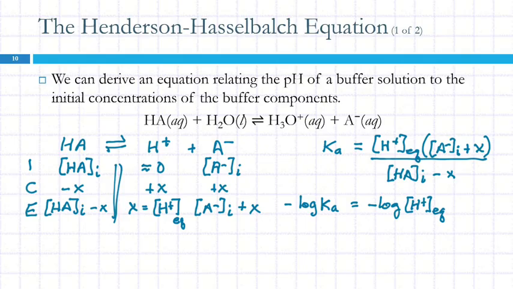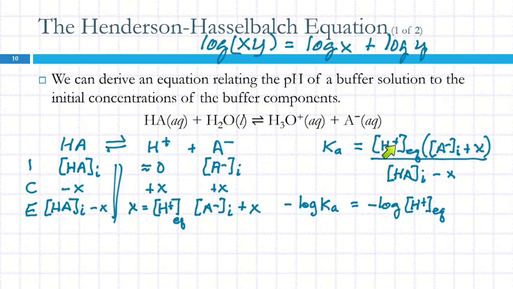And then there's a property of logarithms that if you take the log of x times y, that's equal to the log of x plus the log of y. Don't ask me why.